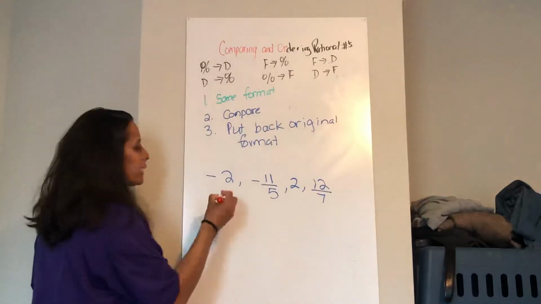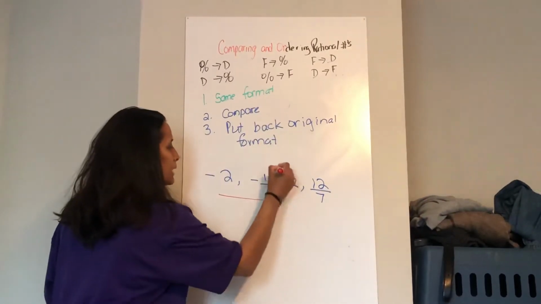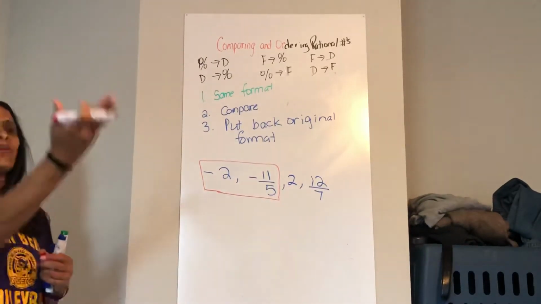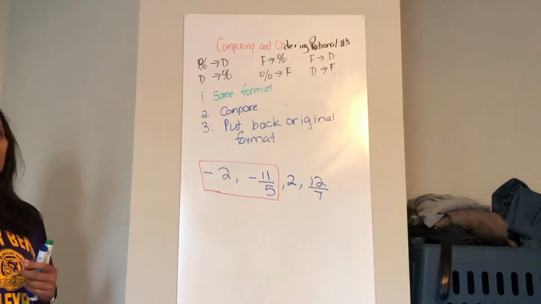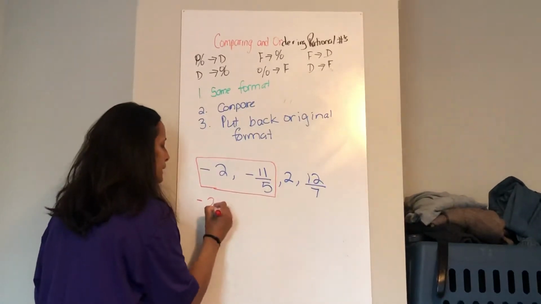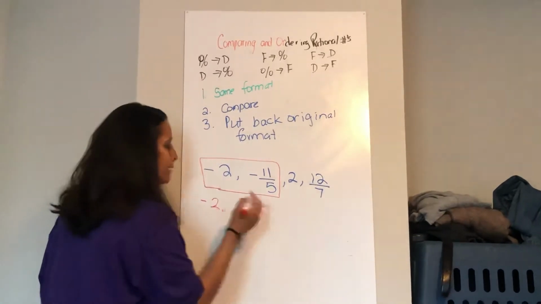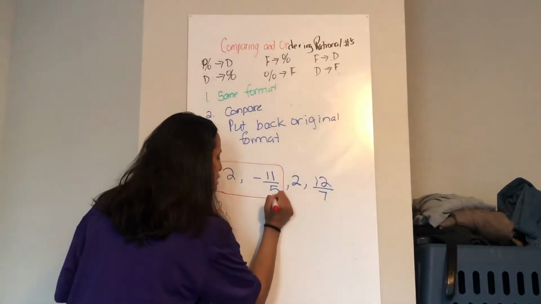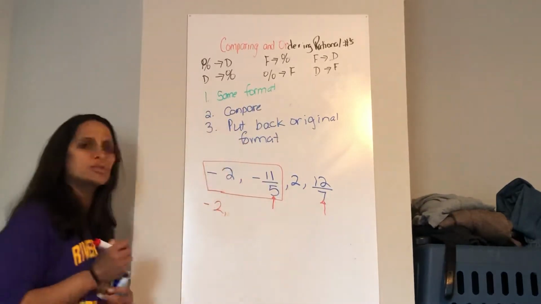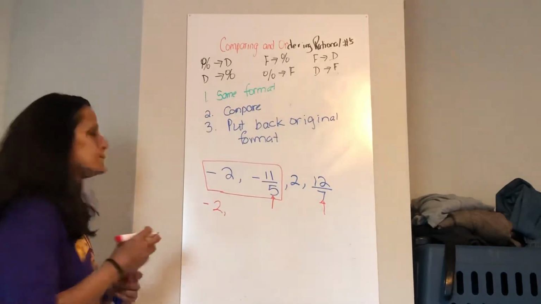When we're ordering, these negatives are my least numbers. You have to remember, the further down the number line, the lower it is. So we know that -2 will be least. Now here's our problem. This is a fraction and this is a fraction. So before I start, I want to make those into decimals.